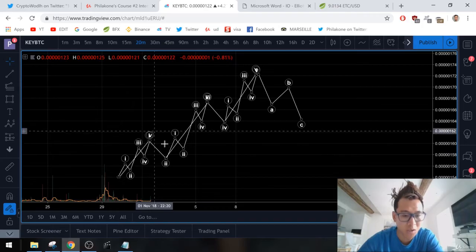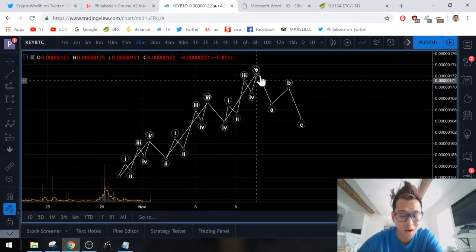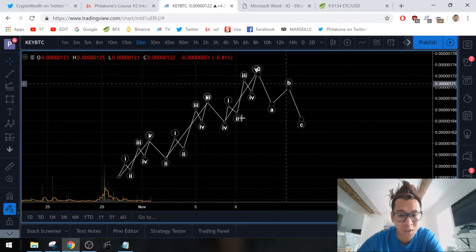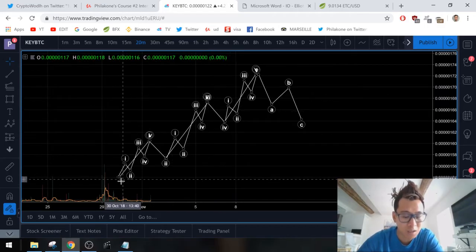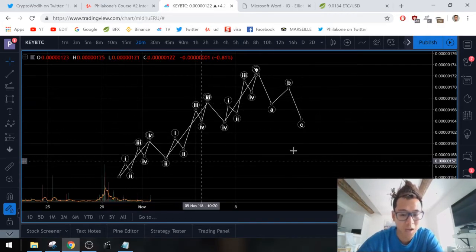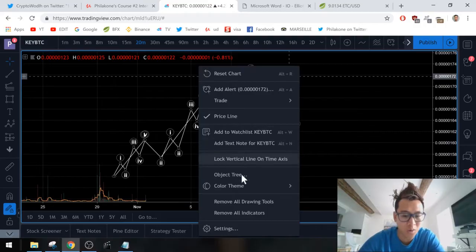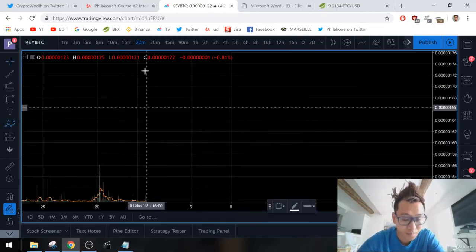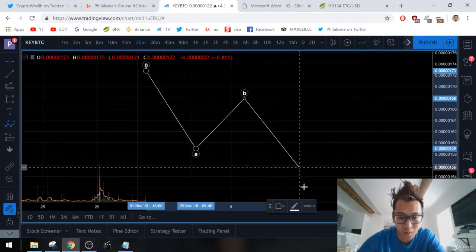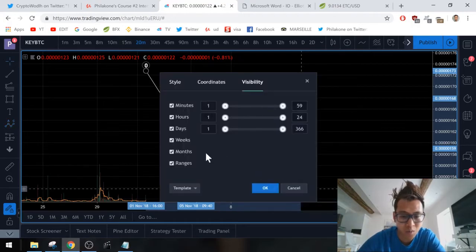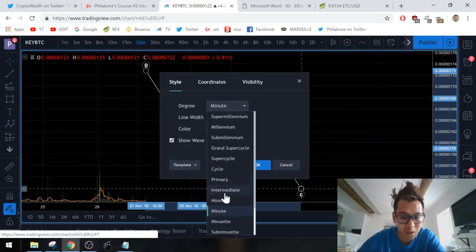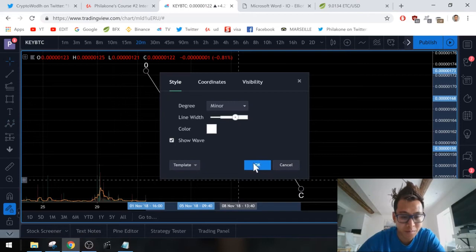So now we got 1, 2, we got 3, we got 4, and we got 5, and we got A, B, C, right? So this here makes some waves 1 and 2, okay? But then if we focus only on the A, B, C, let's make this very big, okay? And draw it with the proper annotation as well and proper degree. So I'll put this on my minor for the bigger degree.